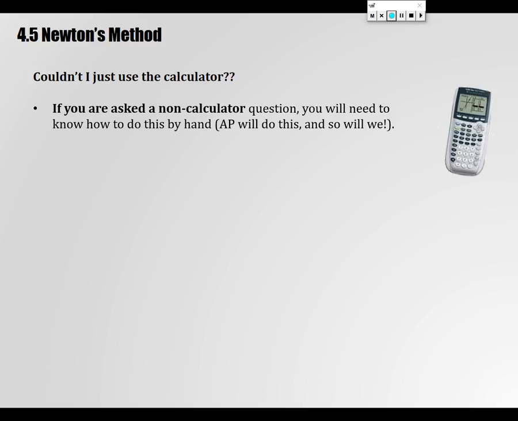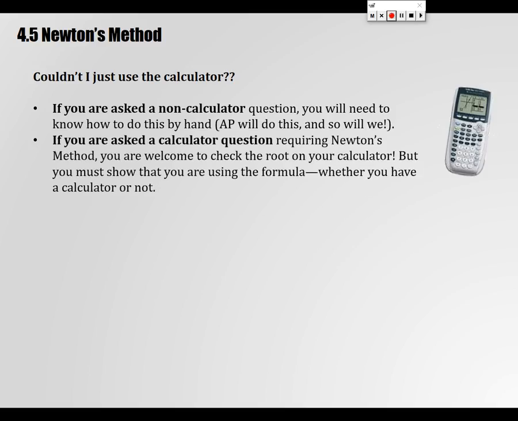Sometimes this actually comes up on a non-calculator portion. We just can't ask you very many iterations, so we'll have you do only 2 iterations or set it up so that it comes out really nicely. On a calculator question, we might be asking you to do this too, and you would just need to show your work that you're using the formula.